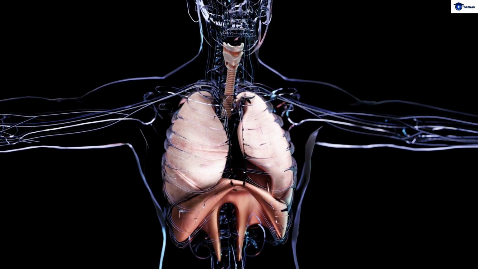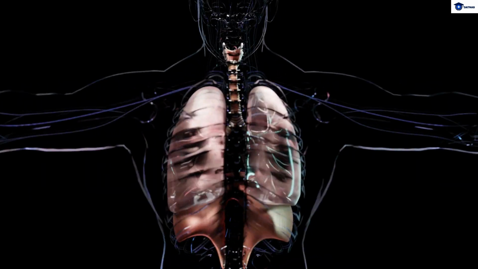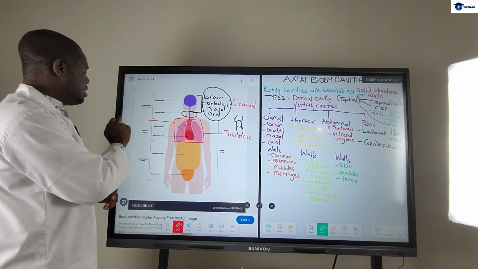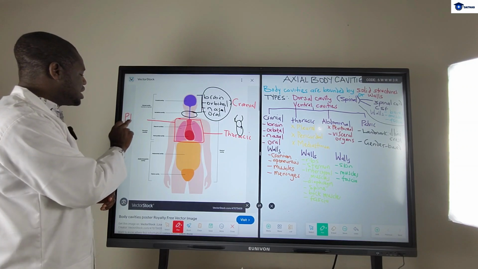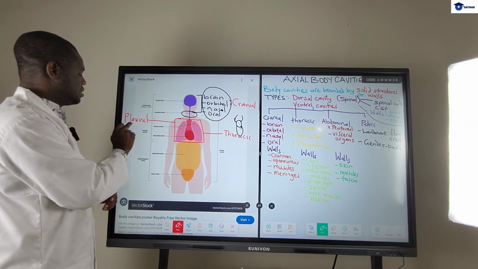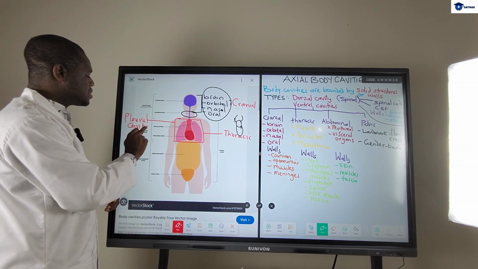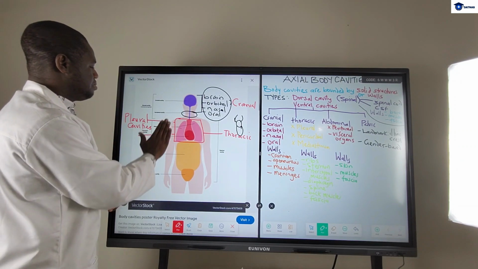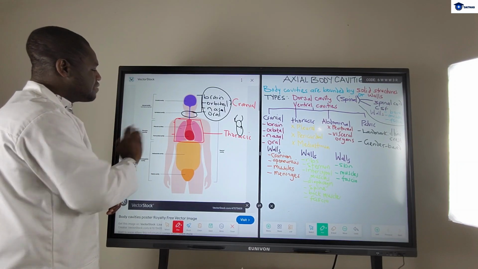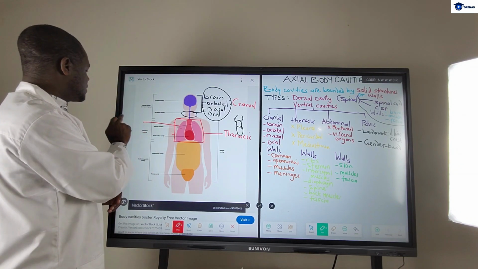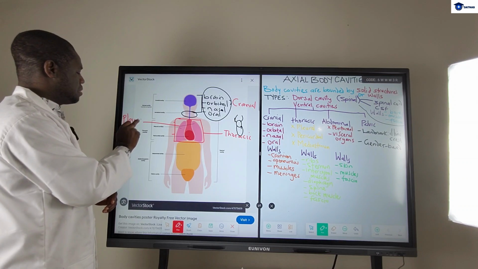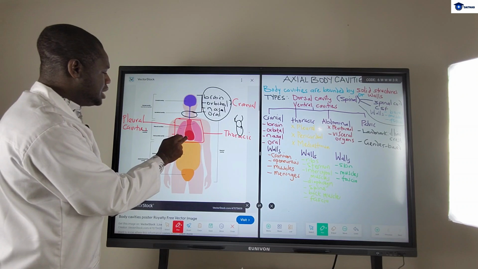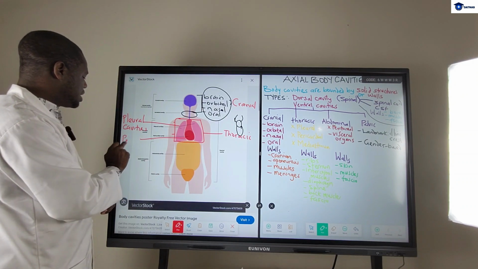The thoracic cavity consists of two other cavities. We have the pleural cavities and the pericardial cavity.